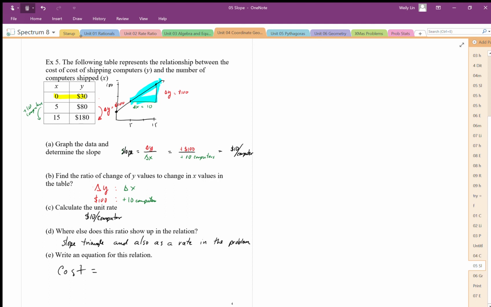The starting value is going to be, we start at $30 charge, maybe it's a surcharge or something like that, and then we're going to add on $100 for every 10 computers, or we can just do this as $10 per computer times the number of computers.